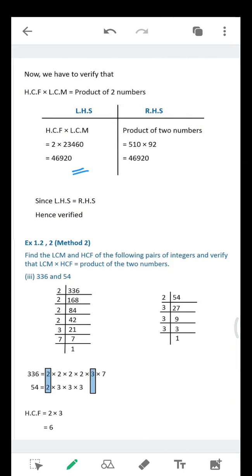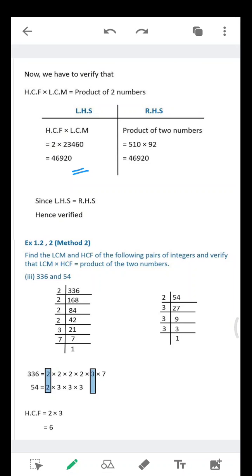When you multiply these two numbers, you get 46,920. It's quite amazing, isn't it? So LHS is equal to RHS, hence this is also verified. This is the way we have to proceed and verify the relation between HCF, LCM and the two numbers.